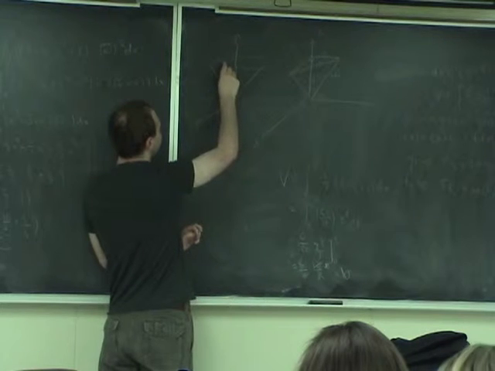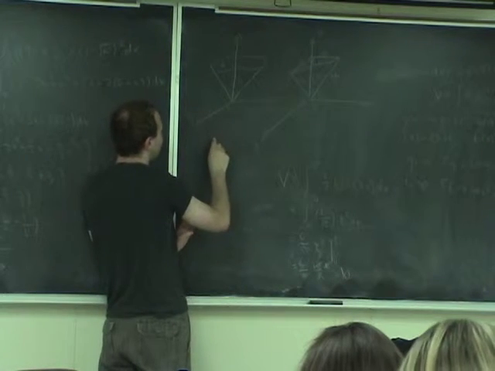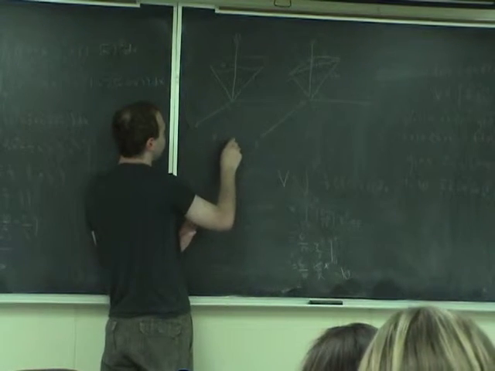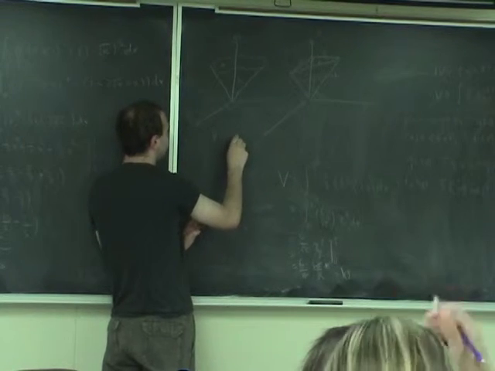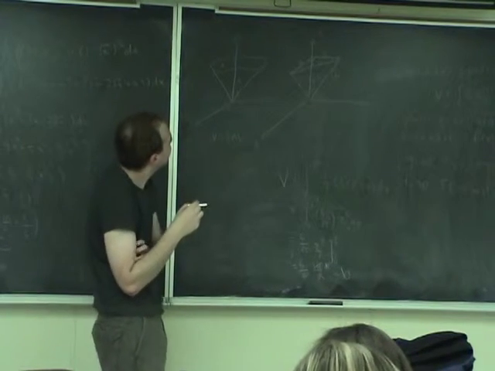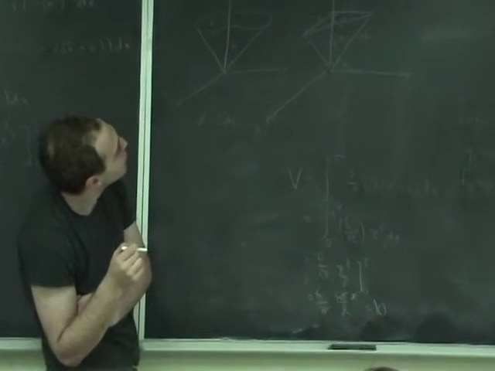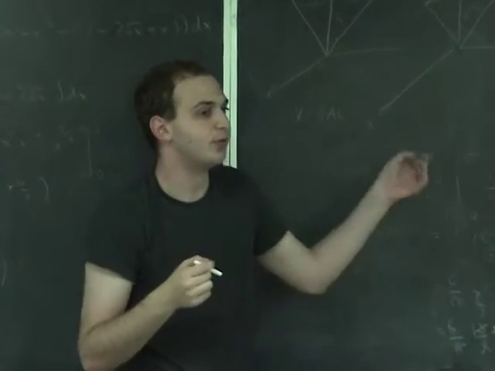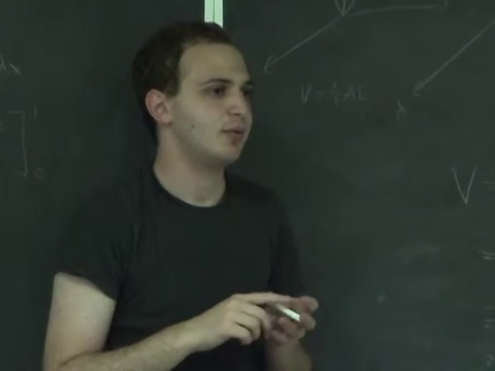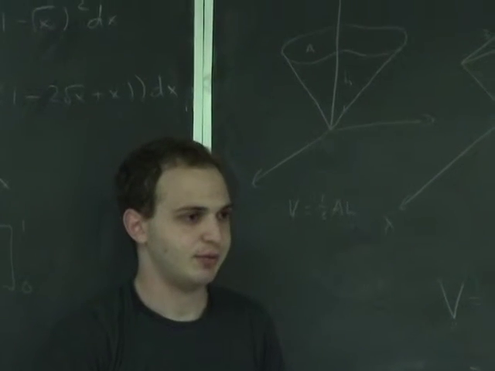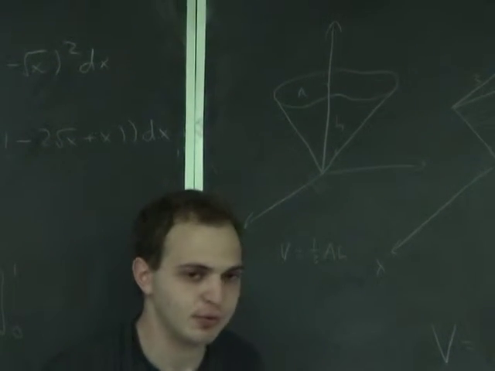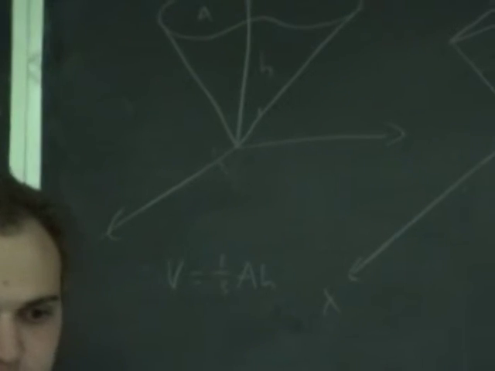If this has area A, then the volume will be 1/3 area times height. And this might be interesting to try to prove using this method. But maybe not in this class right now.